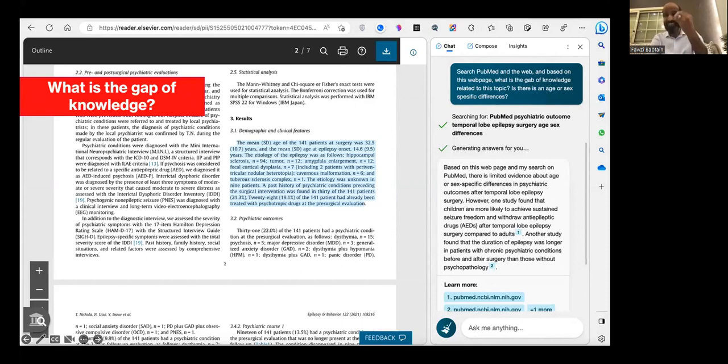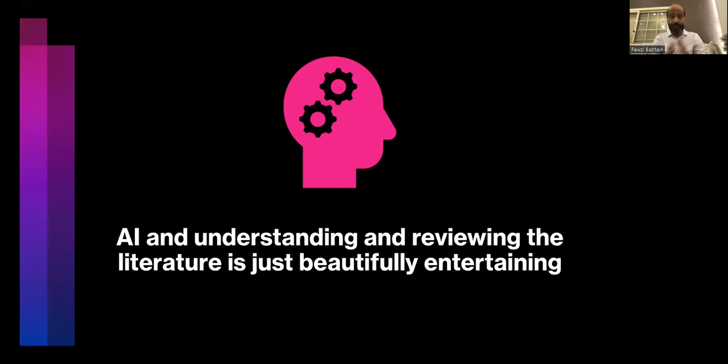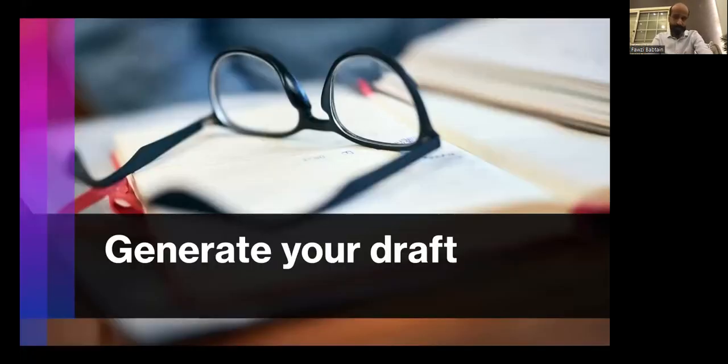I have to double check this, but it really gives me a good idea. I want to tackle this topic according to gender or sex. Another study found that the longer the epilepsy, the longer the psychiatric symptoms. This is fun. So AI in understanding and reviewing the literature is just beautiful and entertaining.